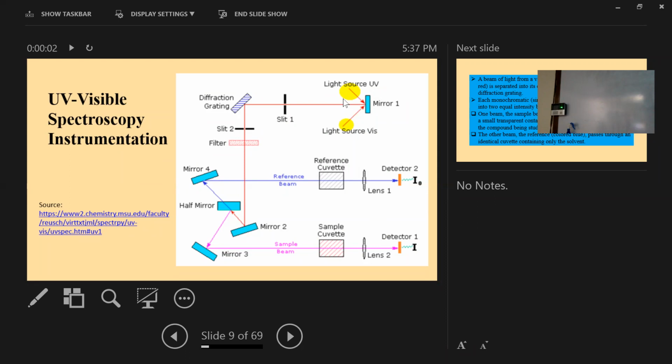That means this board is working like a mirror, and some part is reflecting over there. So if you have a light source here and a mirror, you can direct the light toward this way.